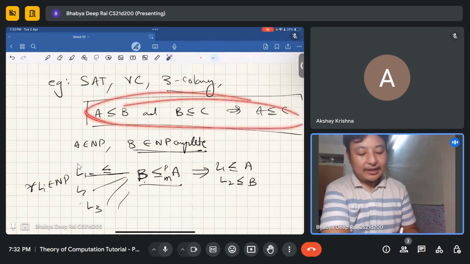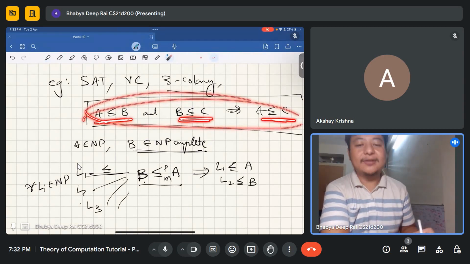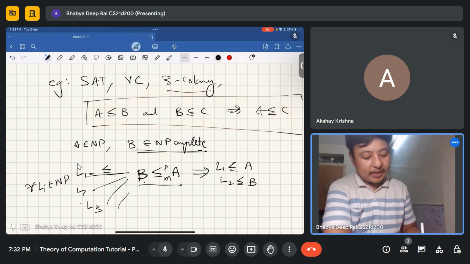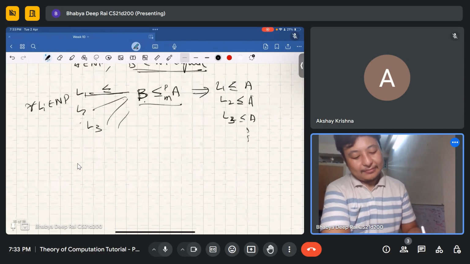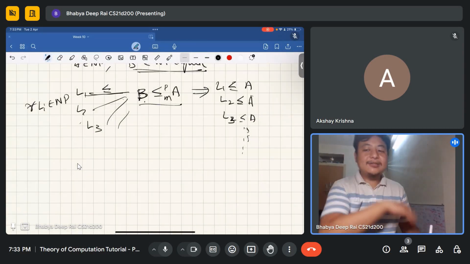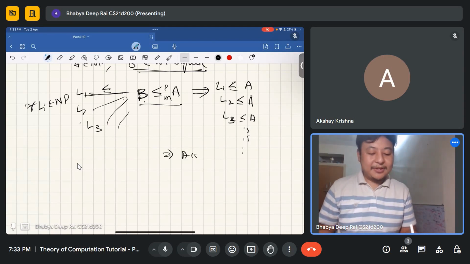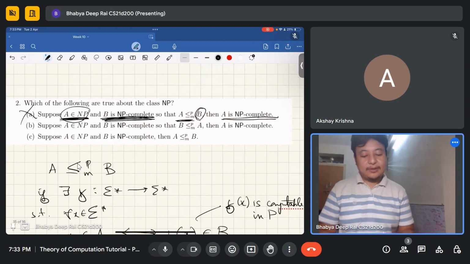Because if A reduces to B and B reduces to C, then A reduces to C. Similarly for L3 and so on. In other words, all the languages in NP reduce to A, which means A is NP complete. So this is a nice tool that is often used.